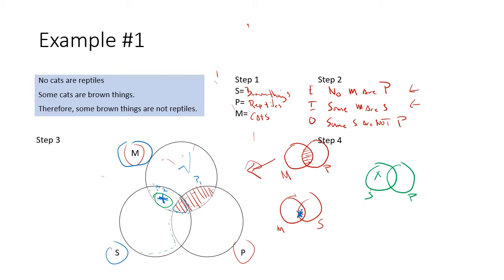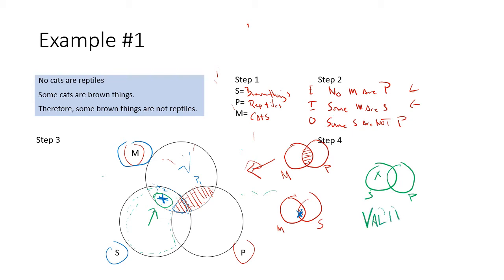The conclusion is that there's at least one S that isn't a P. So there it is, right? It's an S and it's not a P. So by drawing a picture of the premises, we've drawn a picture of the conclusion, and that makes the argument valid.